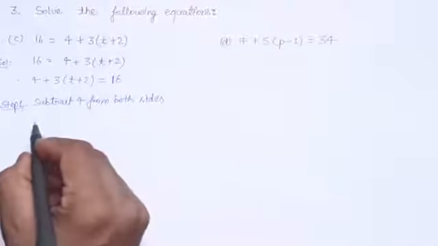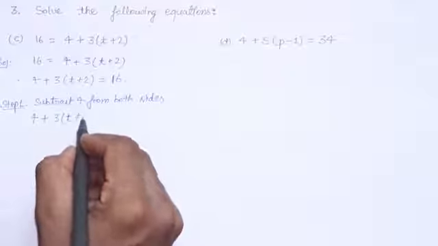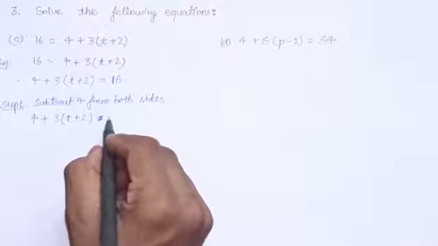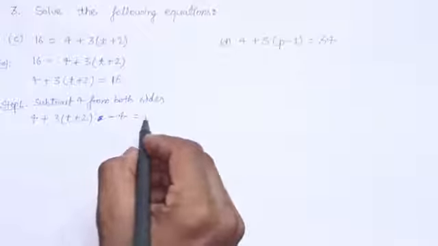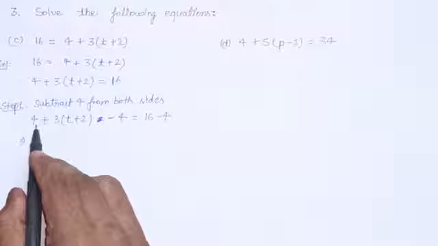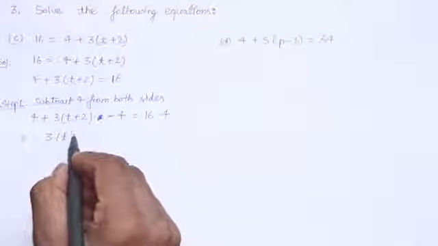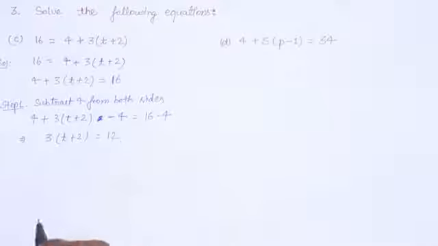So let us see what we get. Here we can write 4 plus 3 times (t plus 2) minus 4 equals 16 minus 4. So what it implies is that 4 and minus 4 cancel out. So we have only 3 times (t plus 2) equals 16 minus 4, which is 12.